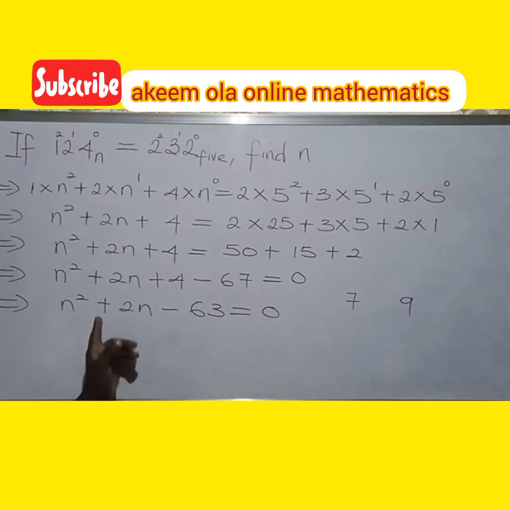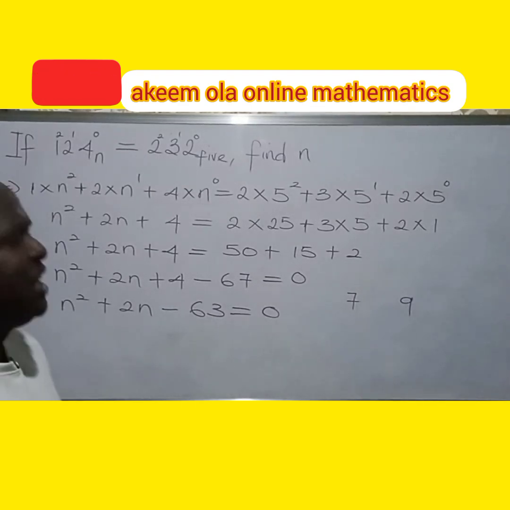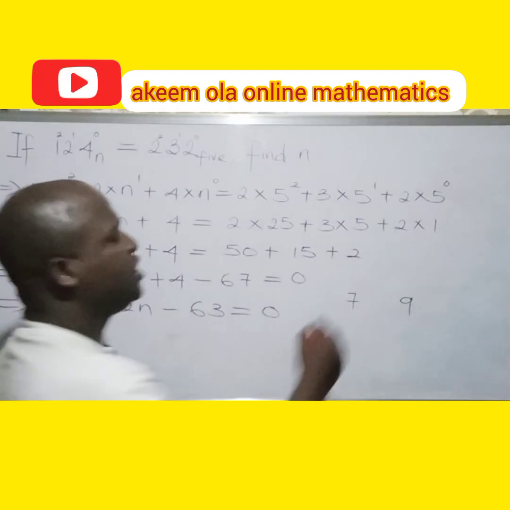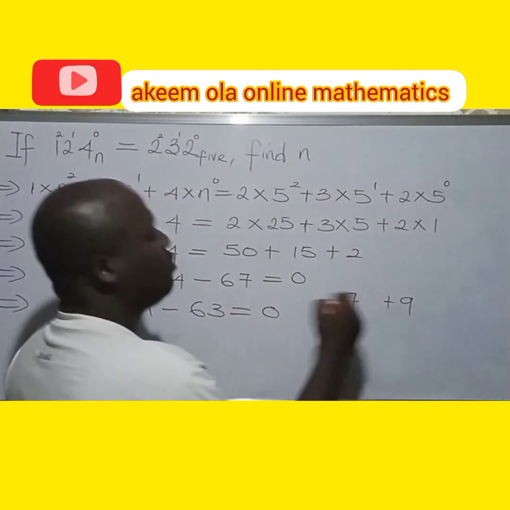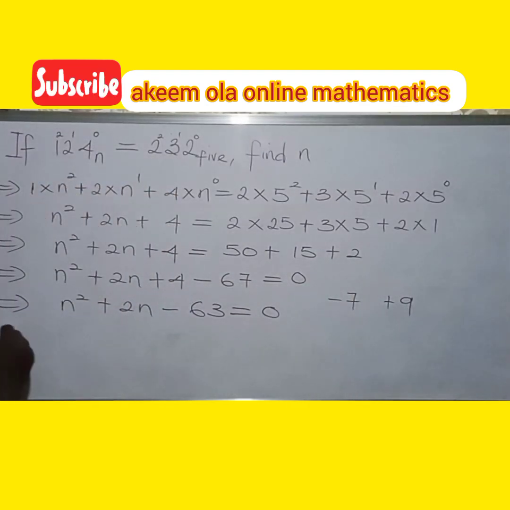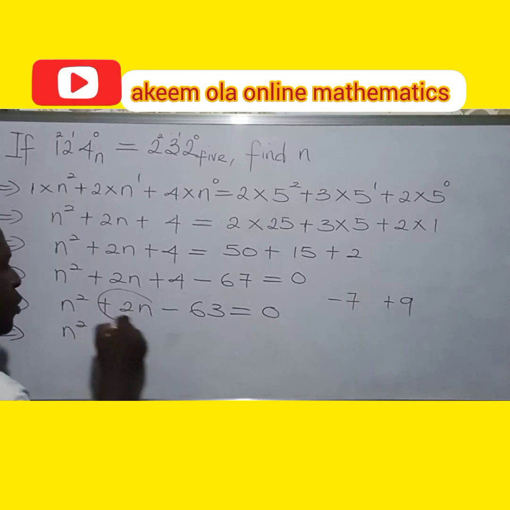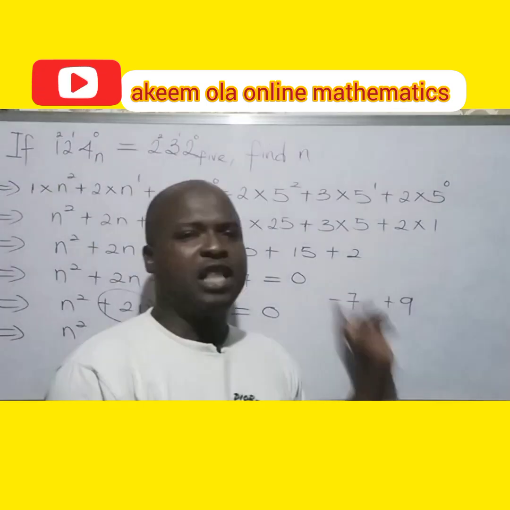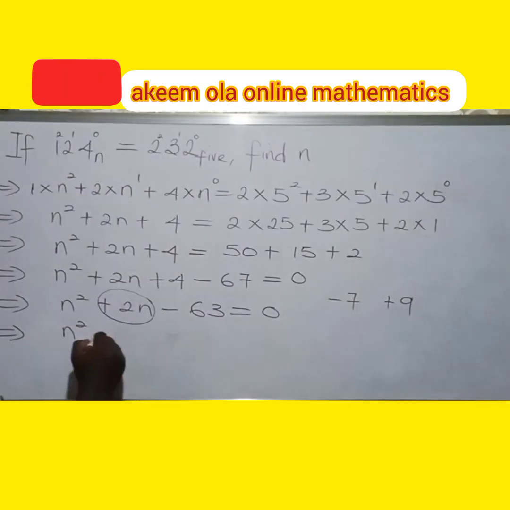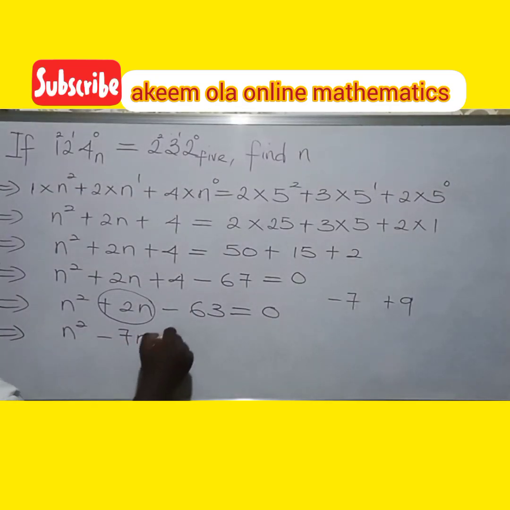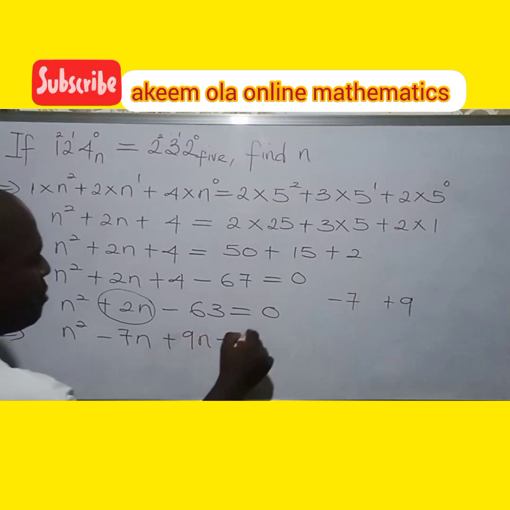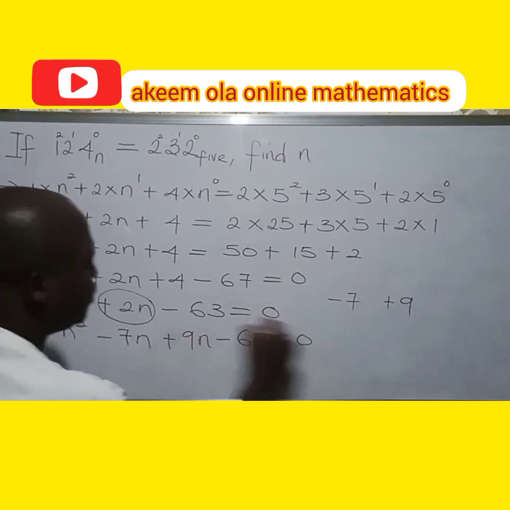As you can see, what we have here is plus 2, so automatically the larger number will be positive, while the smaller number will be negative. So we are going to replace this plus 2n with the two factors. That means we are going to have n squared minus 7n plus 9n minus 63 is equal to 0.